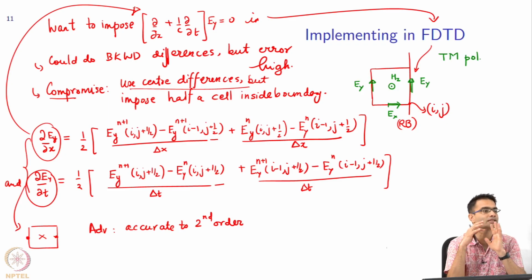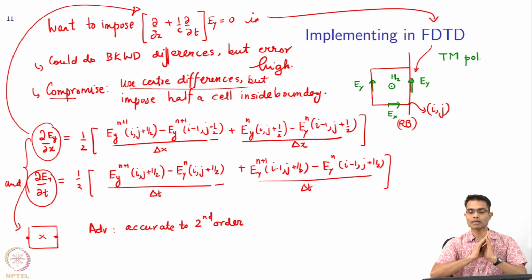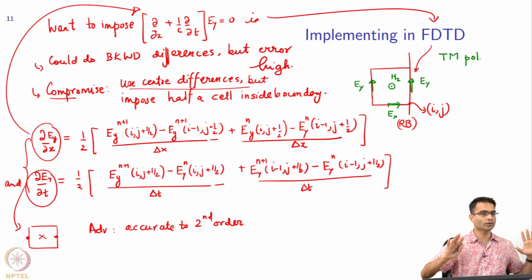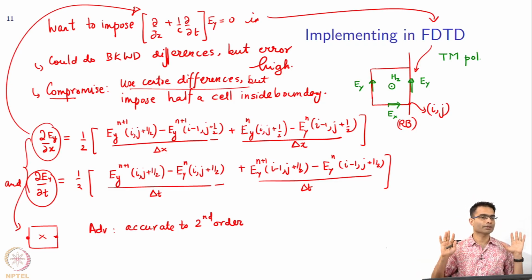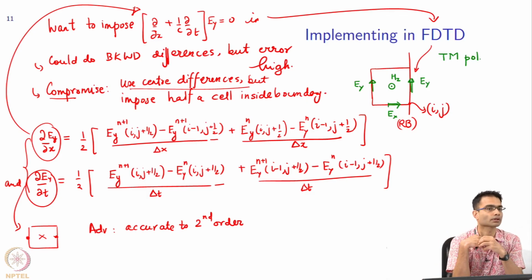Everything else I know. For every Ey inside the domain, I have my usual FDTD update equation. For what term do I not have an update equation so far? The Ey on the boundary, that is Ey n plus 1 at i, j plus half.